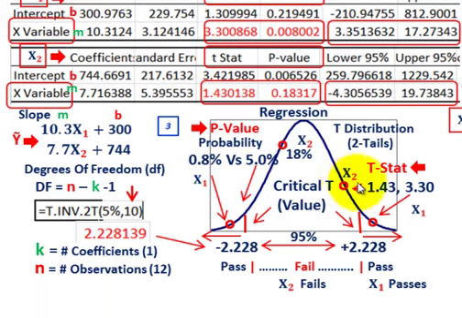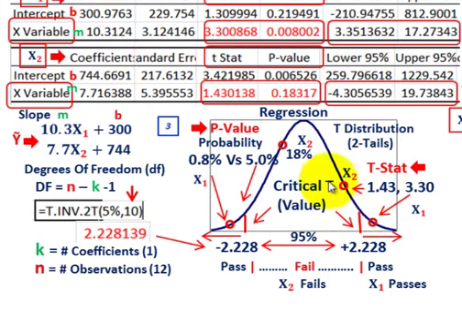So simply looking at it based on our t-statistic, you can see with x1, we're sitting past our cutoff point, x1 at 3.3, whereas x2 is sitting on our curve before our cutoff point, 1.43. So based on our t-stat, x1 passes because it's greater than our cutoff point, whereas x2 is sitting at 1.43, less than our critical cutoff point.